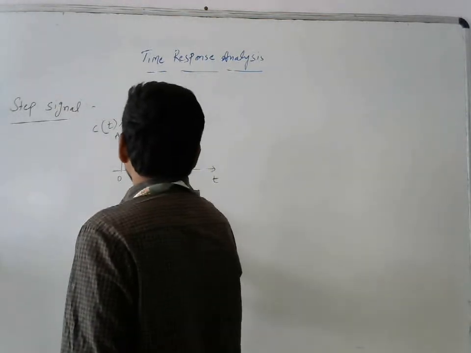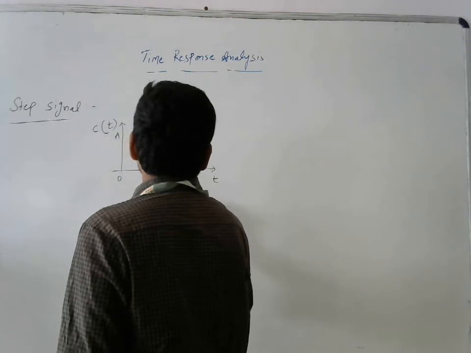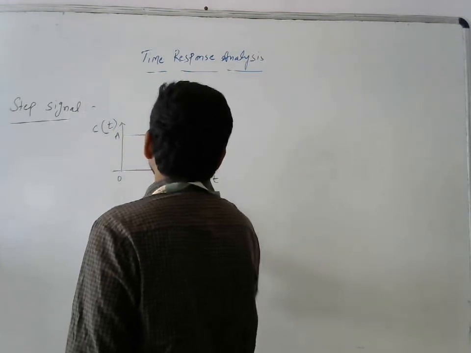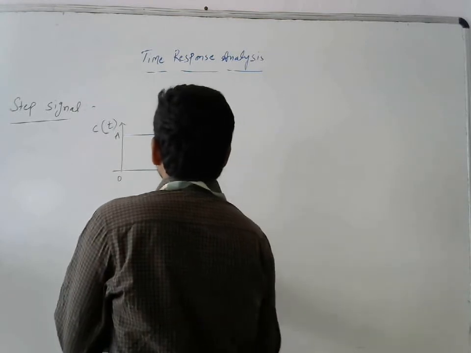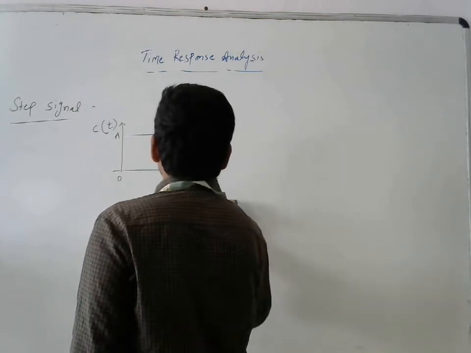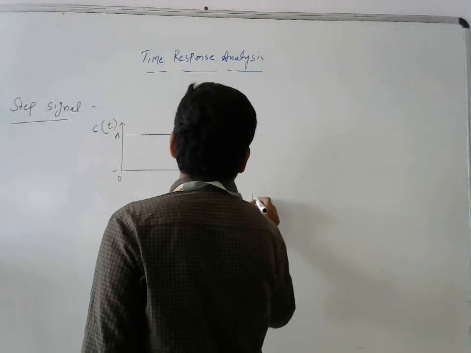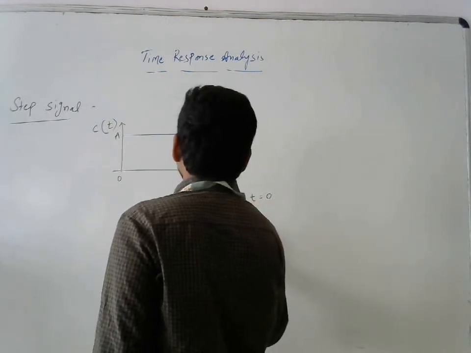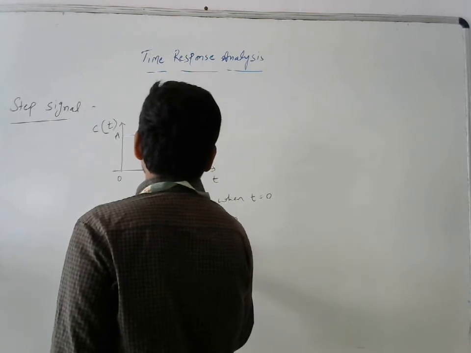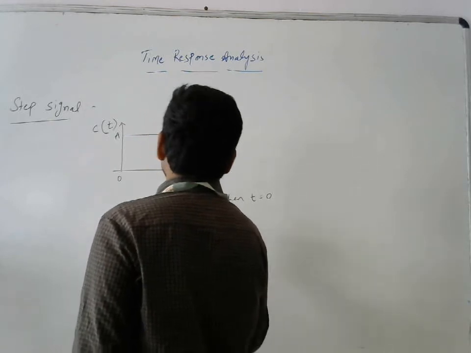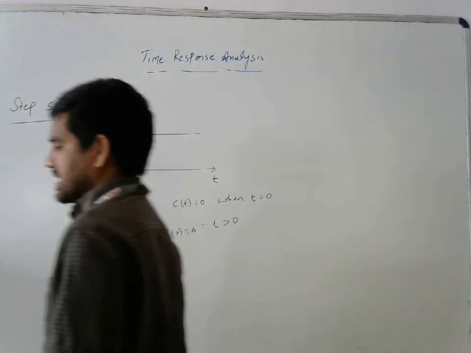C of t is equal to A when t equals 0. When t is greater than 0, C of t equals the constant A. There will not be any changes.